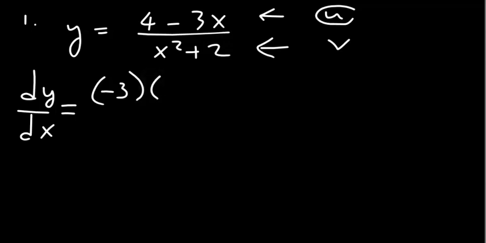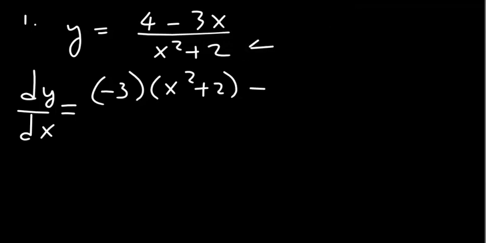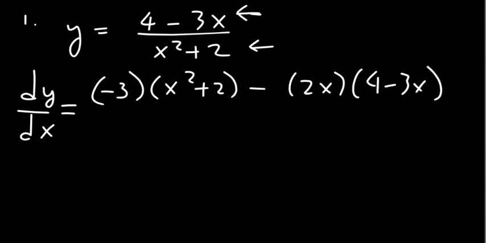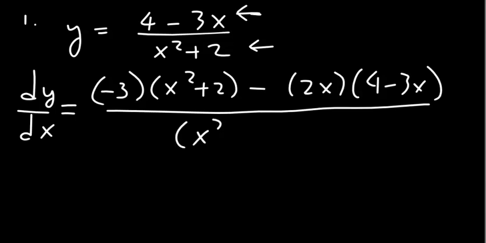Now multiply that minus 3 with v, which is x squared plus 2, minus, now let's differentiate v with respect to x, and that's going to give you 2x. And to this you multiply the function u, which is in the numerator, 4 minus 3x. And you divide the entire result by the square of the denominator, (x squared plus 2) squared.